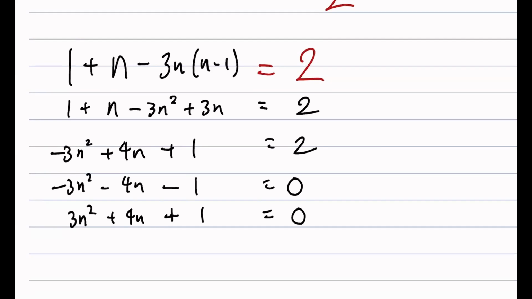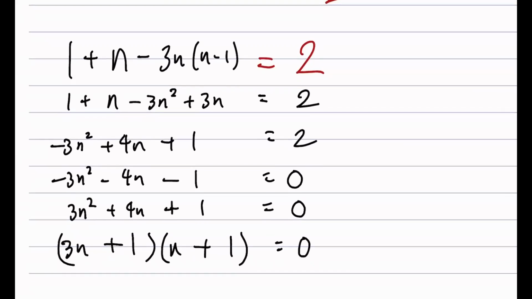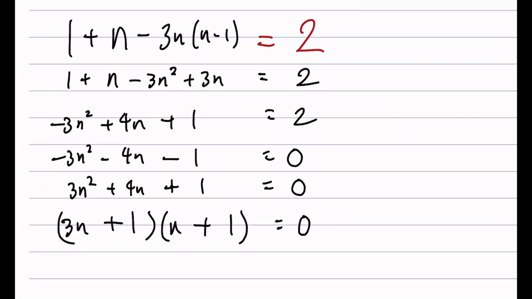Then you can factorize, or just use a calculator. I believe you'll get minus 1, minus 1. No, plus 1, plus 1. Did I do something wrongly? It shouldn't be a plus 1, it should be a minus 1. Let me double check. Something is wrong.